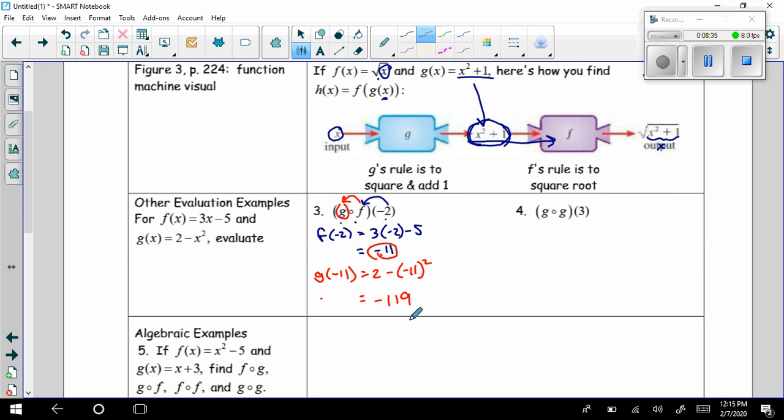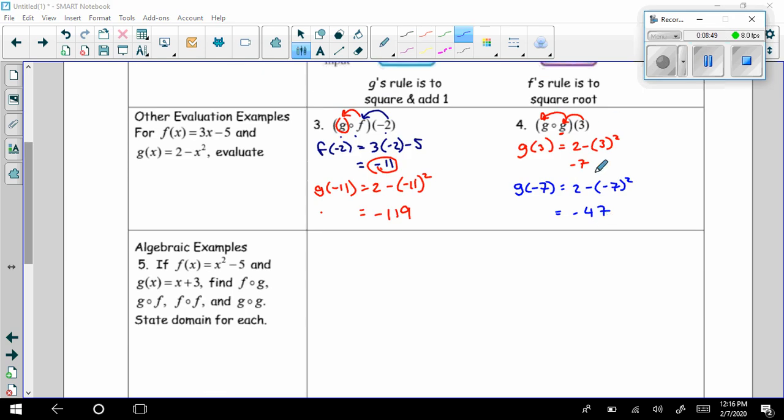So again, go ahead and pause this video and try this one yourself. Notice we're plugging this into g, but then taking that answer and plugging it into g again. Okay, go ahead and check your answer. Knowing the fact that we're plugging this in twice, you could have written this as like 2 minus 3 squared, where this is your 2.